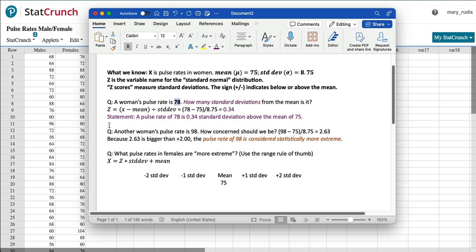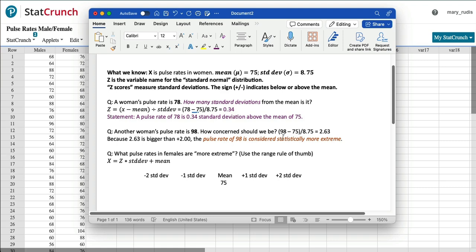So, follow-up question, another woman's pulse rate is 98. So we take another person's pulse rate and we get a 98. How concerned should we be there? So again, calculate the z-score. Calculate how many standard deviations that is exactly.